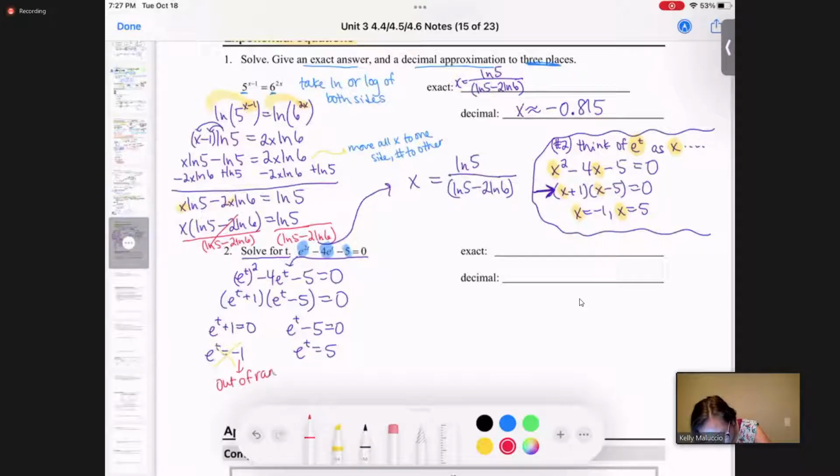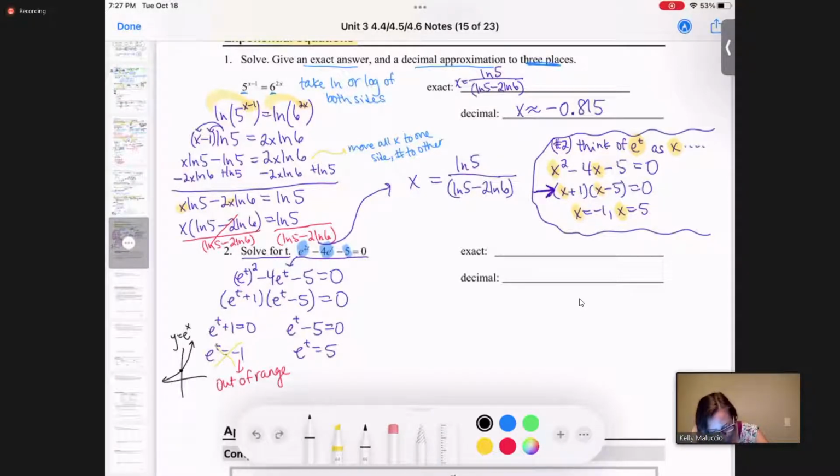This is out of the range of e to the t, right? So if you think of the function e to the t, or y equals e to the x, it looks something like this. If you were to graph it, and you could just graph this in decimals.